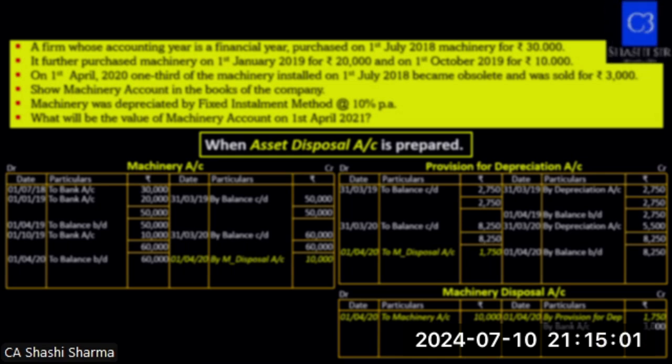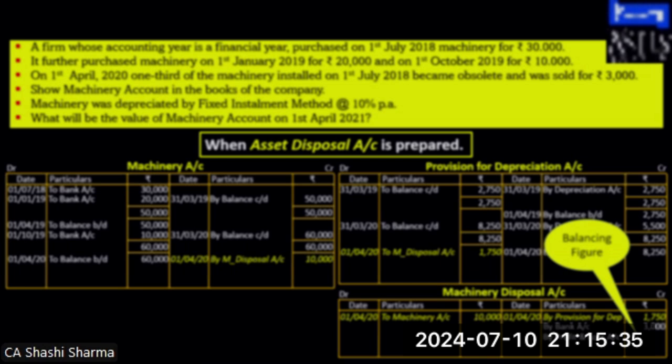So have a look at this account. If we compare both the sides, debit and credit side, then it's clear that the debit side is more by rupees 5250. So this will be the loss arising on the sale of asset.